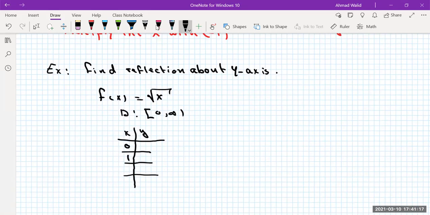I will not choose 2 because I know the square root of 2 is not exact. 2 doesn't have a perfect square root. I'll jump to 4. 4 has a perfect square root. 9 has a perfect square root. Choose such kind of numbers for the square root. The square root of 0 is 0. Square root of 1 is 1. Square root of 4 is 2. The square root of 9 is 3.